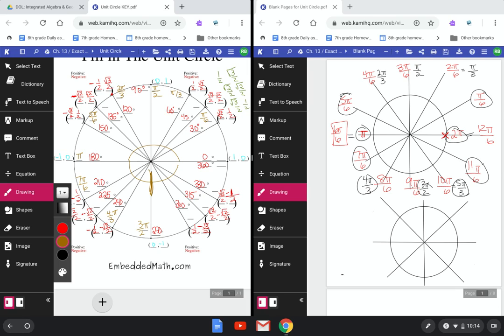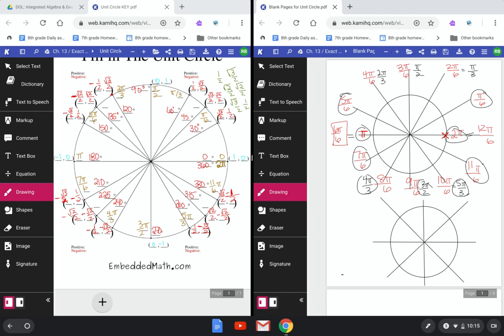So this is 3/2, 1.5 pi. Okay. And then we end up here with 5/3 pi. Skip that one, 11/6 pi, and then just 2 pi. I mean, here we start at 0. Now, back to the right.